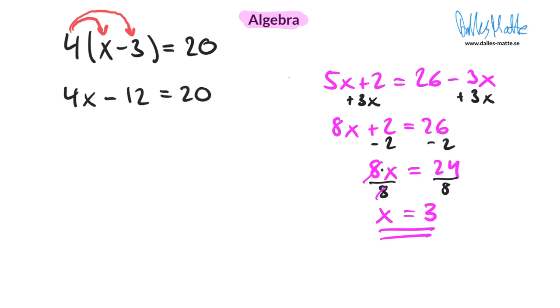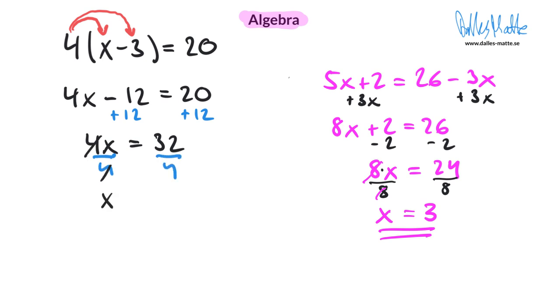And now we solve it in exactly the same way that we did before. Minus 12, okay, I write plus 12 on both sides of the equal sign. Then I have 4x equal to 32. 4 multiplied by x, okay, we need to divide by 4 on both sides.